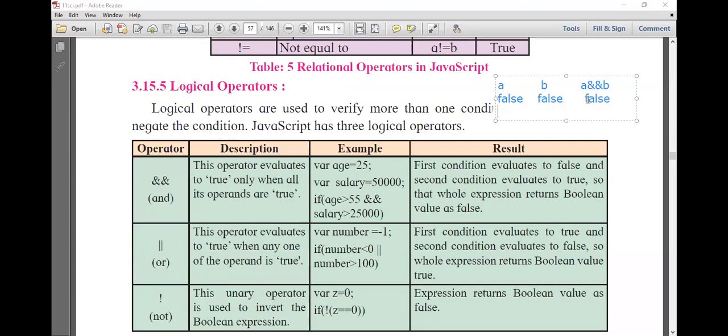Okay, now if expression A is false and expression B gives value true, then what will be the value of A and B? Yes, now tell me. Devesh saying false, Rohit saying false. Is it right?